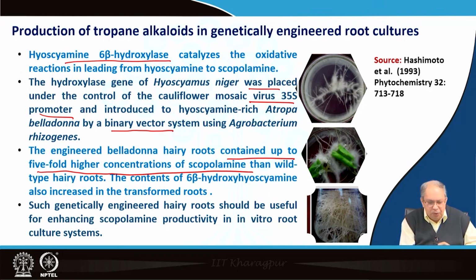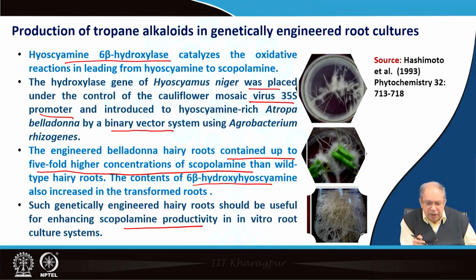That is interesting, okay, because in wild type hairy root normally you will find mostly hyoscyamine, because Atropa belladonna hairy root does not make scopolamine, but this one is making scopolamine because of this H6H gene, and the content also increased, and they said that such genetically engineered hairy roots should be useful for enhancing scopolamine productivity. So, that is there, but yeah, okay. I will not go to further complexity, because they have developed these hairy roots in a different way.